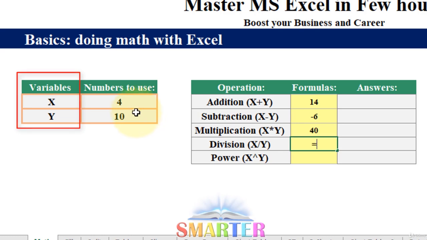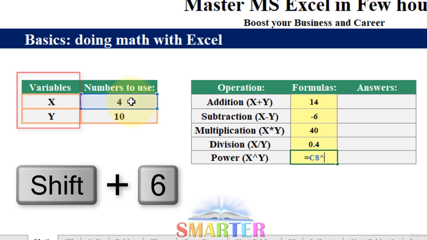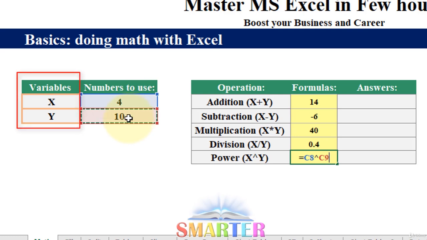Division. Let's divide the first cell reference, forward slash, and the second reference. Okay? 0.4. And power: the first cell reference, Shift 6 power sign, and the second cell reference. Okay? This is a huge number.